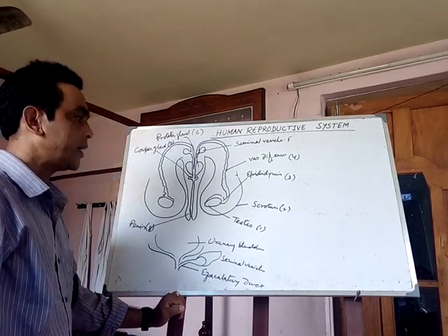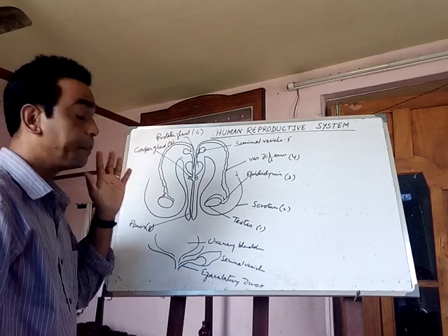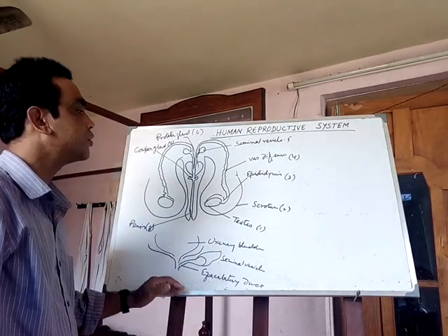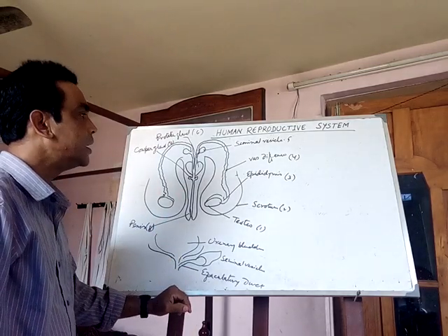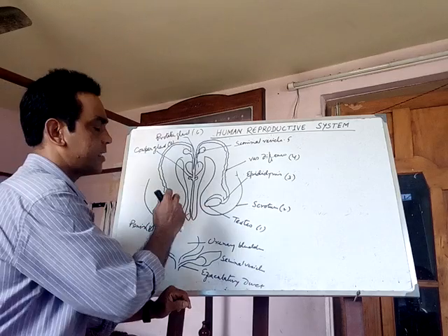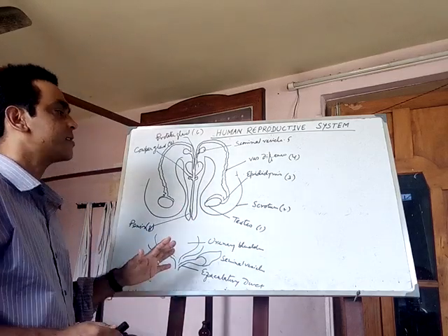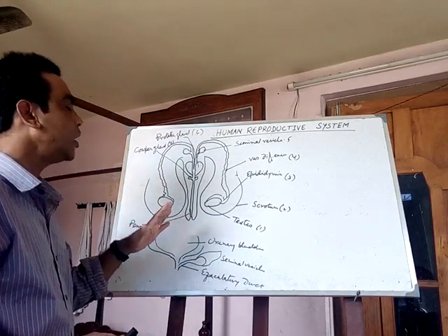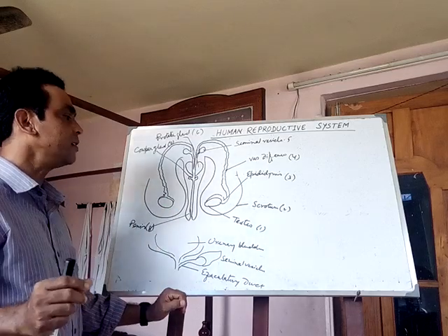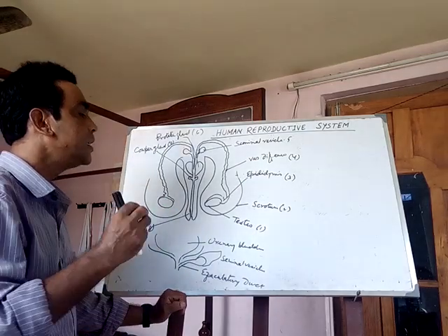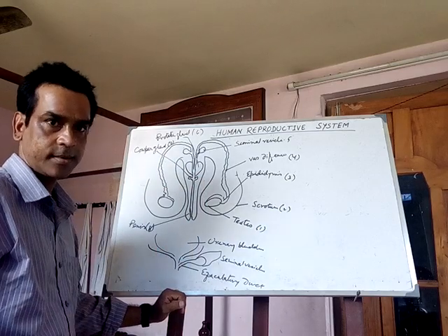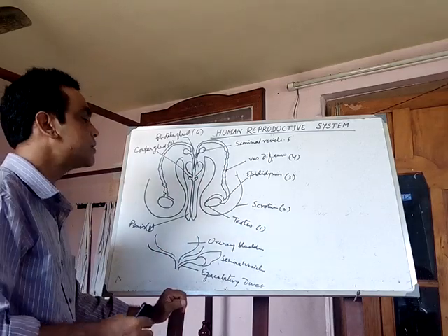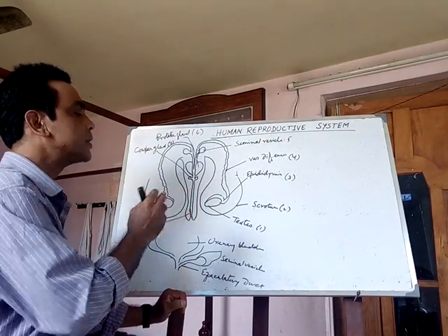First, I discuss the main organ of the human reproductive system, that is the testis. The testis is a ball-like structure found in the scrotum sac. After birth, it is present in the scrotum sac.